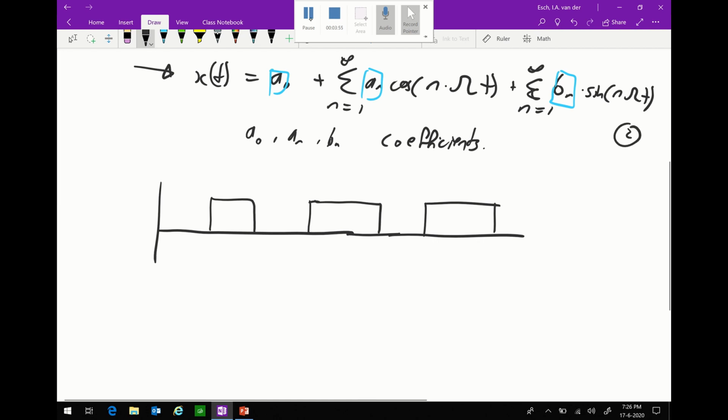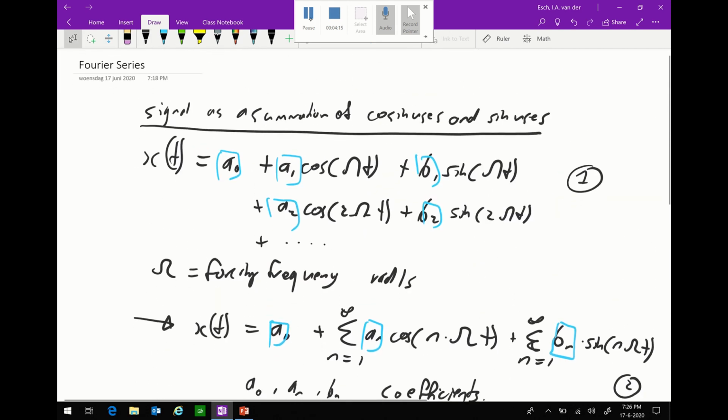So x(t) is then an approximation or representation of, for example, this function. One important thing to know is that the Fourier series are only valid for periodic functions.